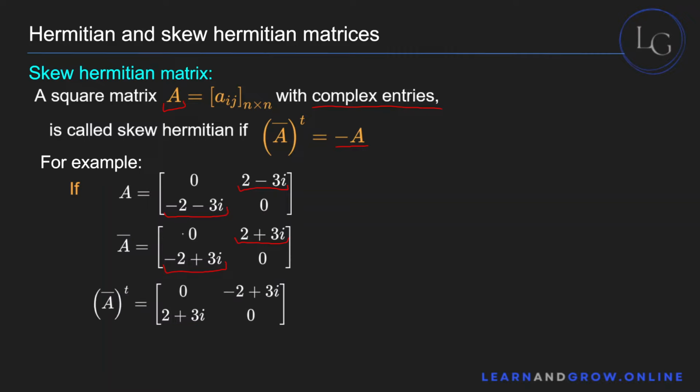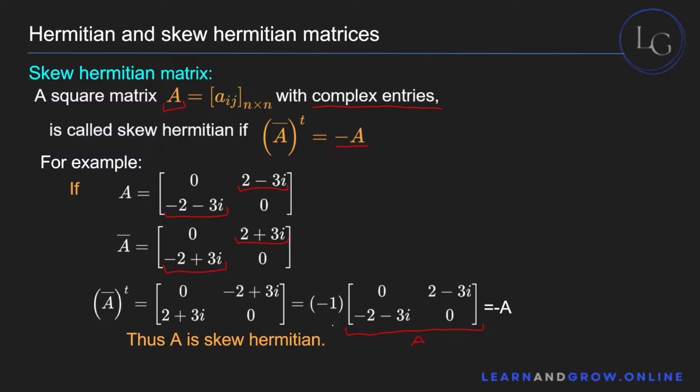Now, if you take the transpose of this, it will become this matrix, which is equal to, if you take minus 1 common outside, minus 1 times the original matrix A. This is matrix A. So this is equal to minus A. Thus, A is skew Hermitian.